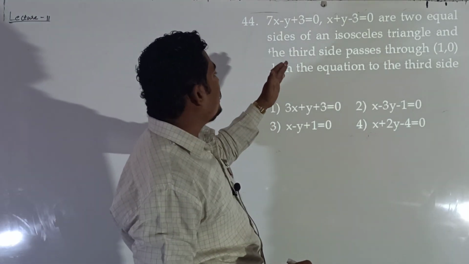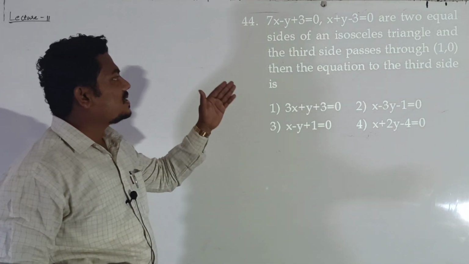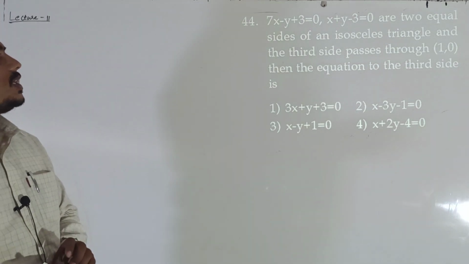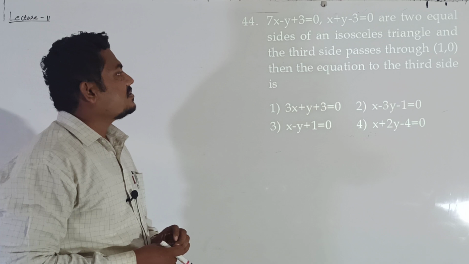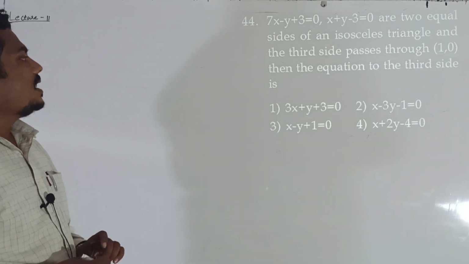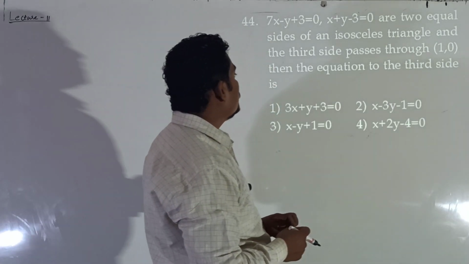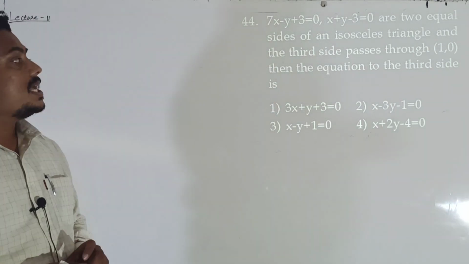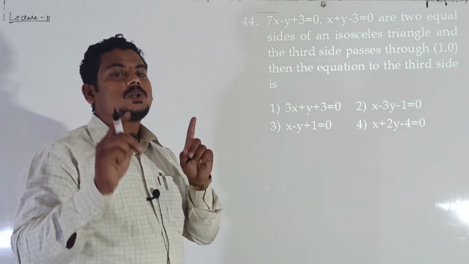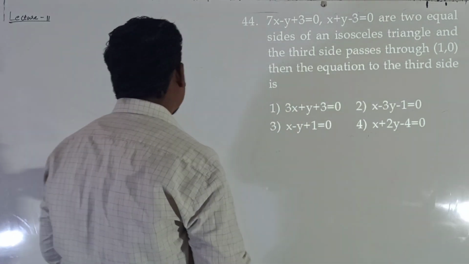7x minus y plus 3 equal to 0, x plus y minus 3 equal to 0 are two equal sides of an isosceles triangle, and the third side passes through the point 1 comma 0, then the equation of the third side is. Isosceles triangle means two sides are equal, and their equations are given, right?